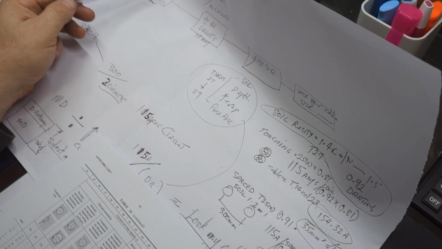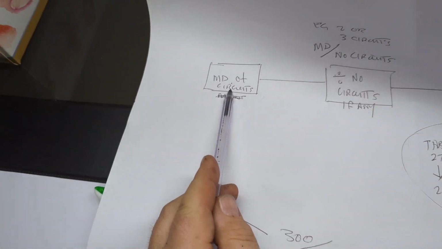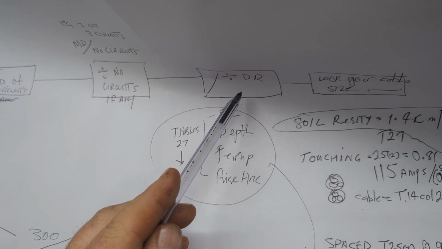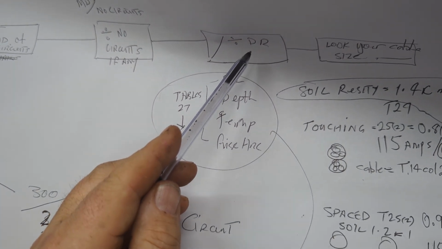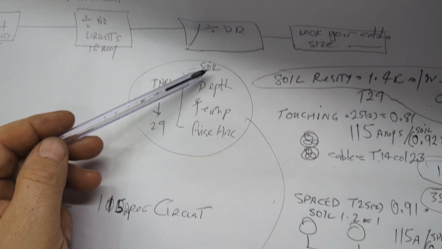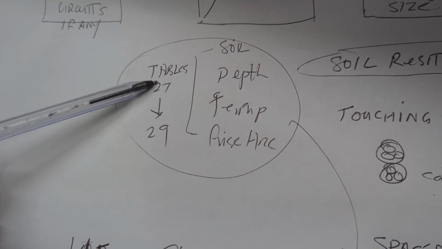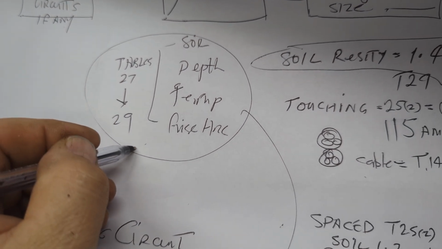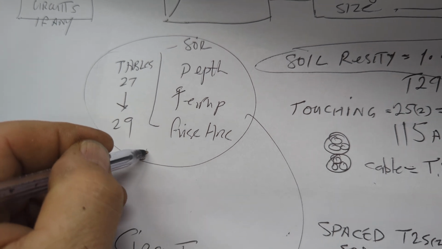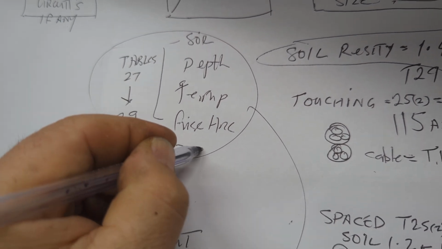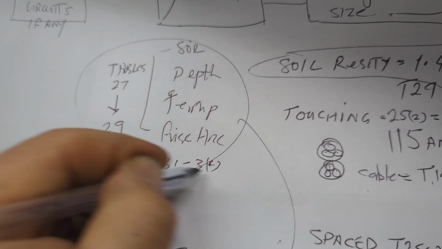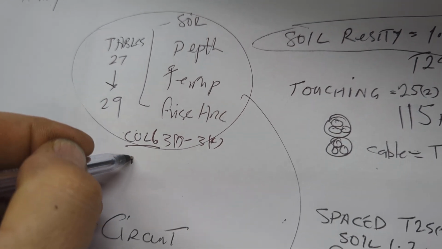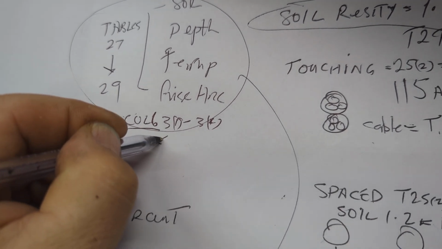So just to go back over, we get the maximum demand, we divide it by the number of circuits, then we divide by the deratings, and you times the deratings. Deratings here are 27, 29 plus, and can also be column 6 on the 3.1 to 3.4 guide tables, which column 6 tells me about if we've got more than one cable.